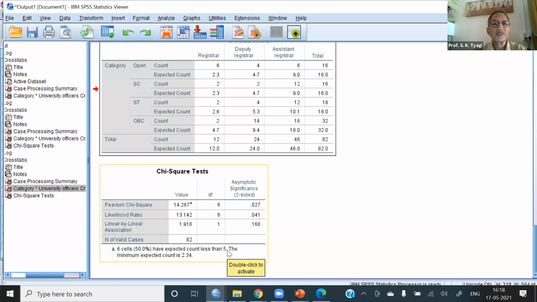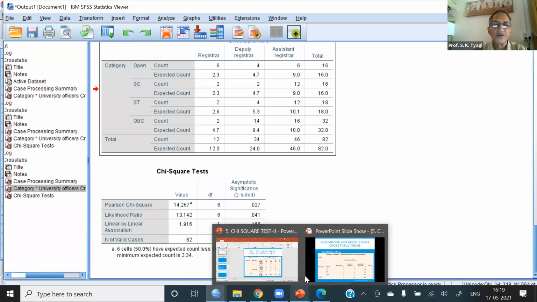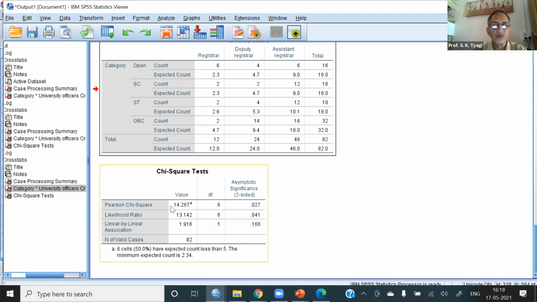Therefore, the assumption is violated, because the permitted number of cells which can have expected frequency less than 5 should be at most 20%, but here it is 50%. In such a situation, we do not interpret chi-square, but we interpret the likelihood ratio.